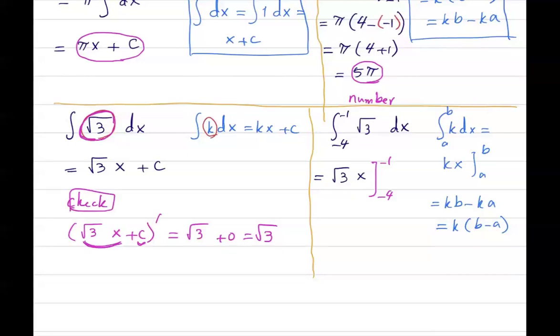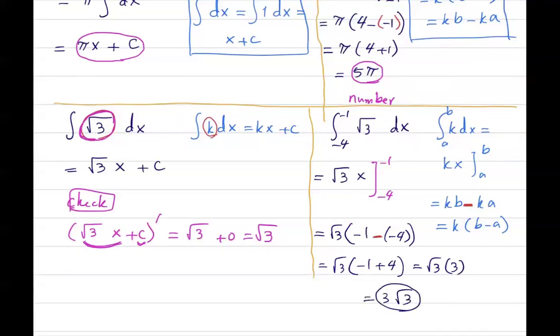Just be careful here when you're dealing with negative numbers. You get square root of 3, you plug in -1, and you have a subtraction in between. This subtraction goes here, and it affects the second value, which is -4. So you have square root of 3 times (-1 plus 4). You get square root of 3 times 3, or 3 times square root of 3.